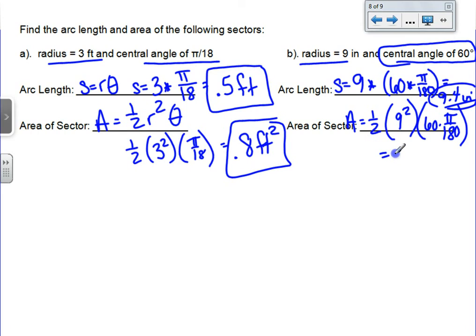I heard 43. What's the decimal? Okay, and what label? Yes, area this time, so it's inches squared. Labels are super important on these formulas. 42.4, like I said.